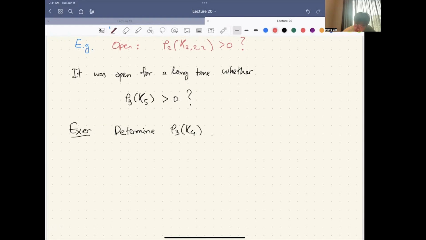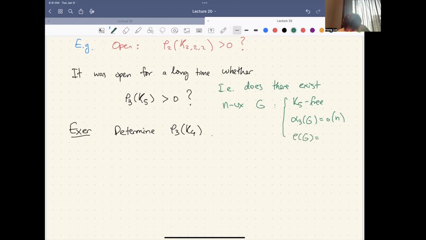It means: does there exist an n-vertex graph G which is K5-free, alpha_3 of G is sublinear, meaning for any linear-size set of vertices in G you must see a triangle there, and the number of edges is positive? The edge density is positive.